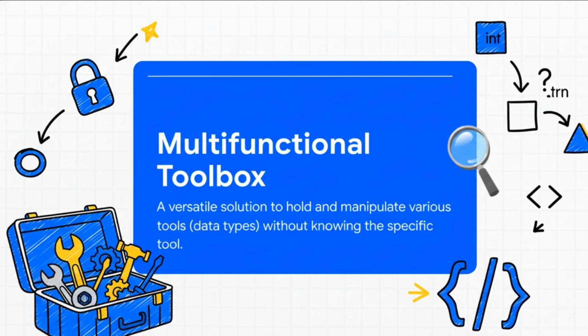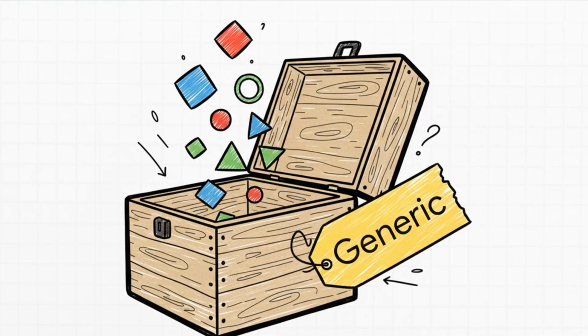It's just designed to be versatile and reusable from the get-go. And that's the whole idea. In the world of C#, this incredibly adaptable, do-anything toolbox has a name. It's called a generic. It's the framework that's built to hold all our different data types.